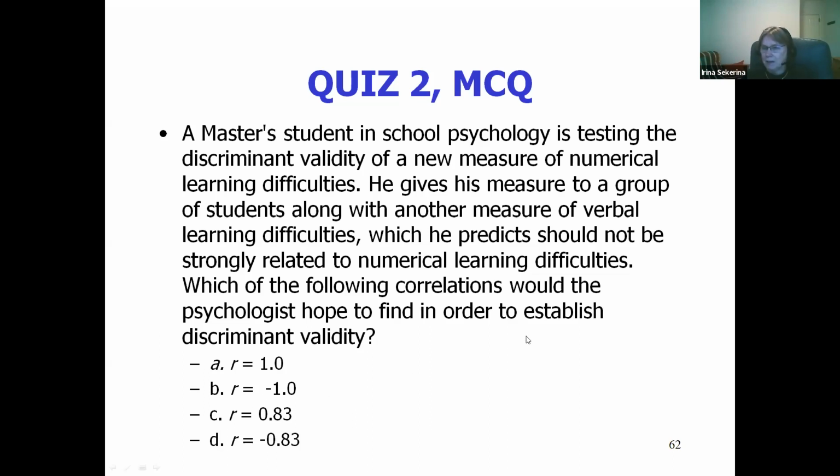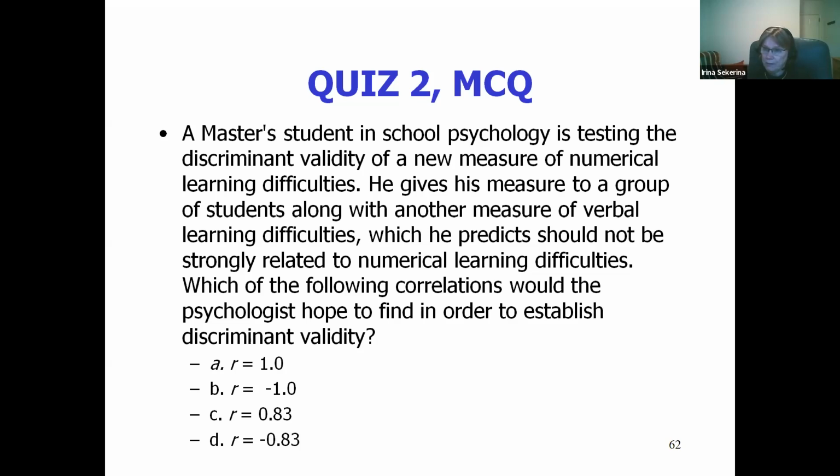That's why D is the correct answer. It is showing us a negative relationship between learning disabilities, mathematical versus verbal learning disabilities. Minus 0.83 is the correct answer because it's possible. It's what happens in real life.